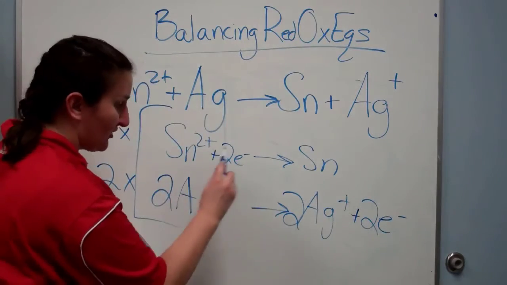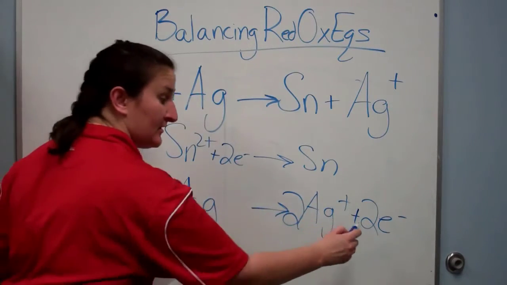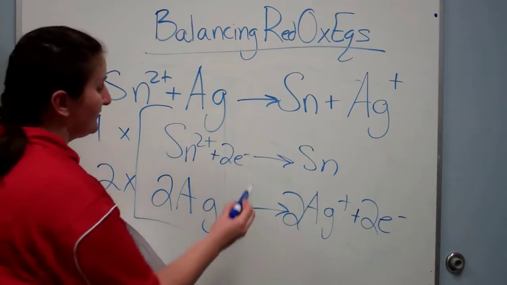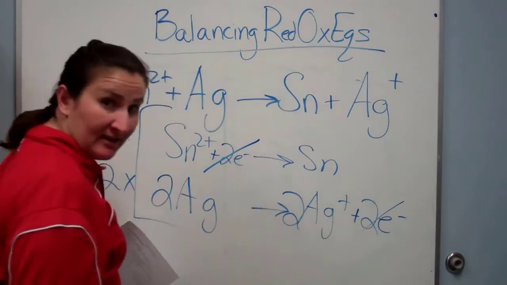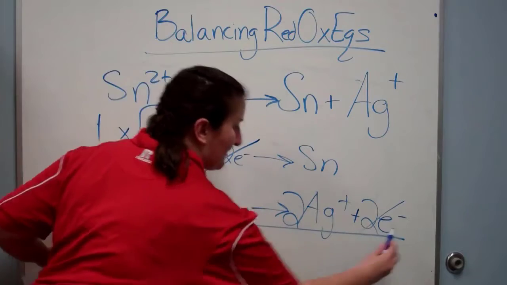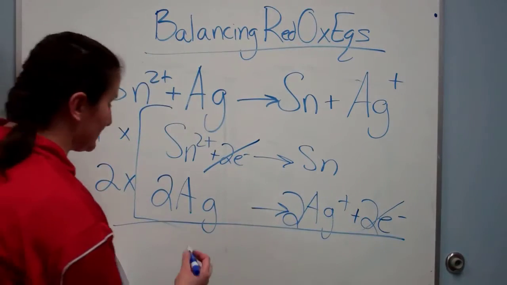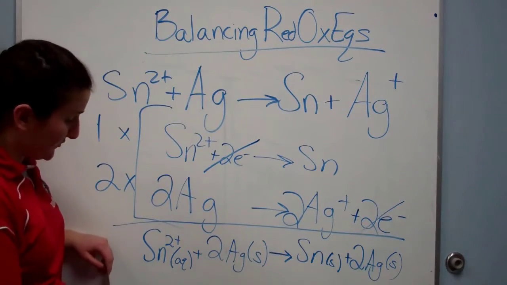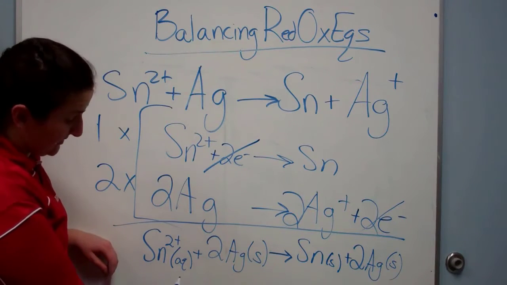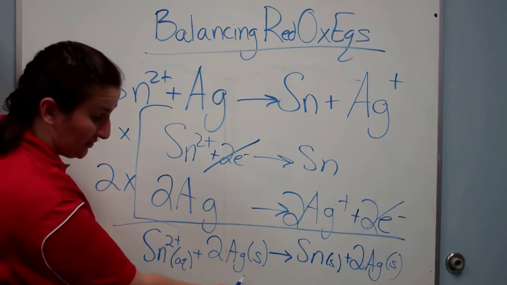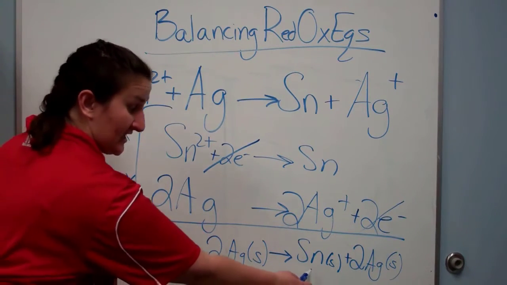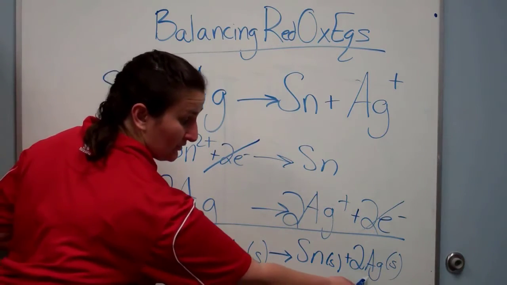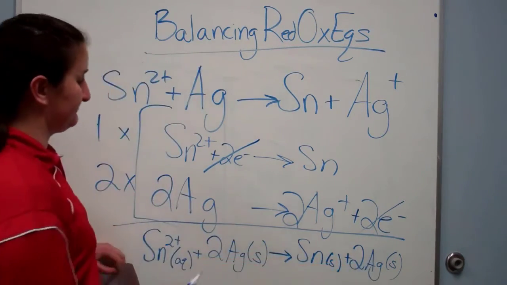That 2 has to go to every species, including the electrons. Okay? So now my electrons cancel, and now I add them together, and I have a balanced chemical equation. So when I'm all finished, this is what it should look like. Sn2+ aqueous plus 2 Ag solid yields Sn solid plus 2 Ag+ aqueous.